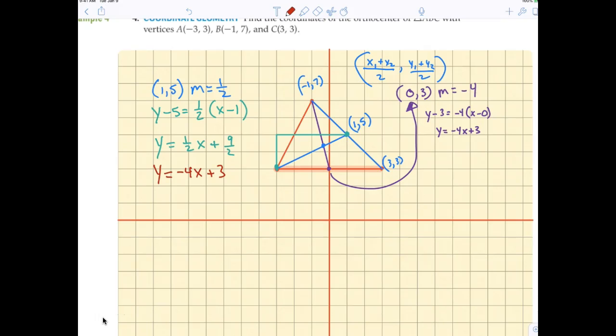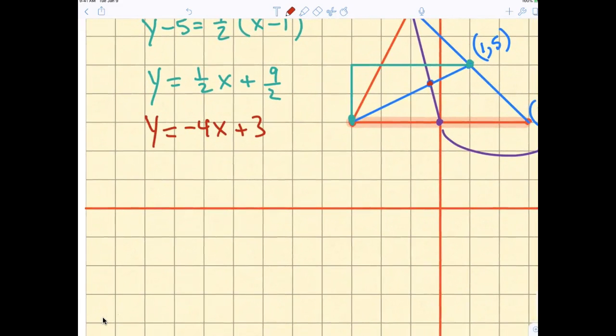But does everybody agree that point right there is not an exact point? So it's kind of hard to do it graphically. That's why we have these two equations. Now, these two equations are equal, correct? So we want to say 1/2 x plus 9/2 is equal to negative 4x plus 3, right?